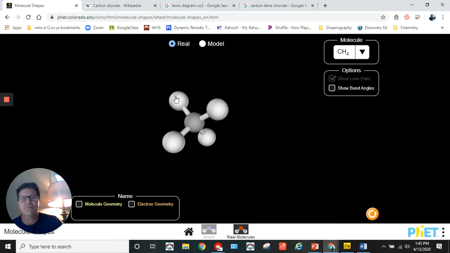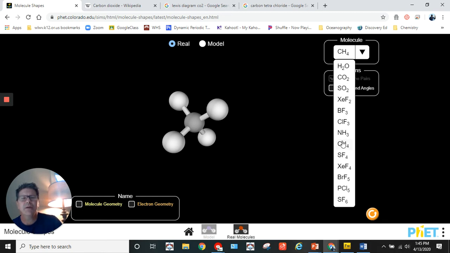So let's go ahead and look at the first one here. This is methane. I went to real molecules, and you'll notice down here these tabs, and I just selected methane from the drop-down menu.